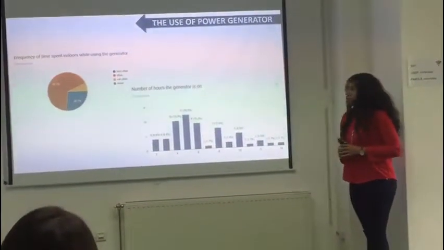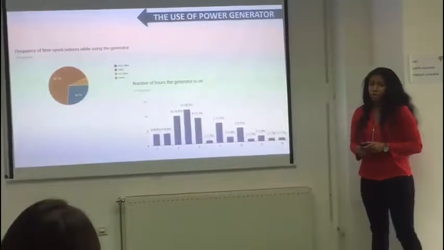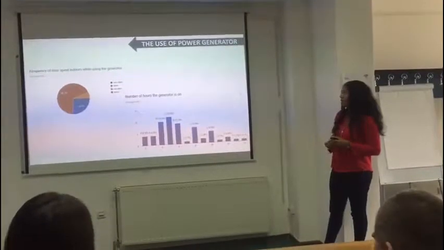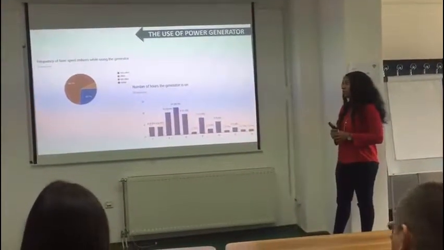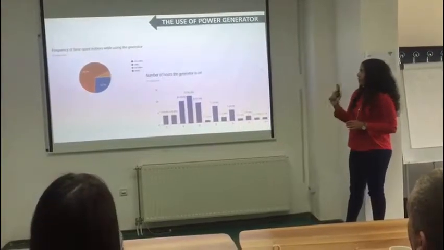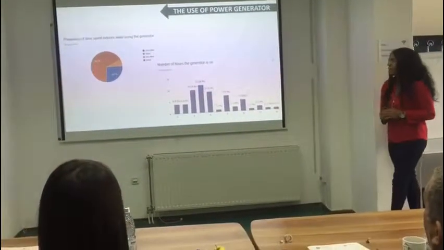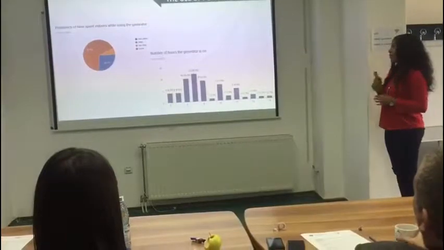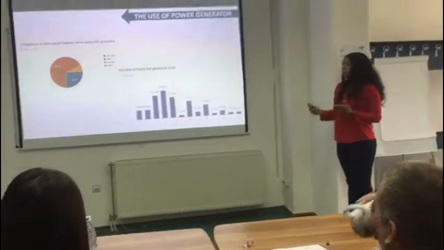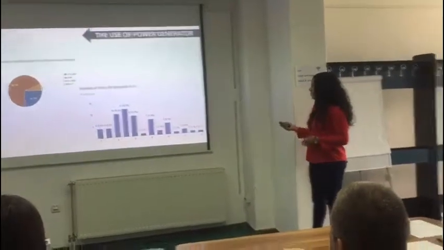As indicated, 66.7% of participants use the generator often compared to those who use the generator very often, 26.7%. Then 50% of the participants use the generator not often, and no one indicated that they've never used their generator.